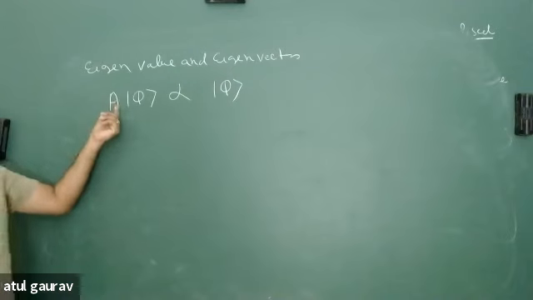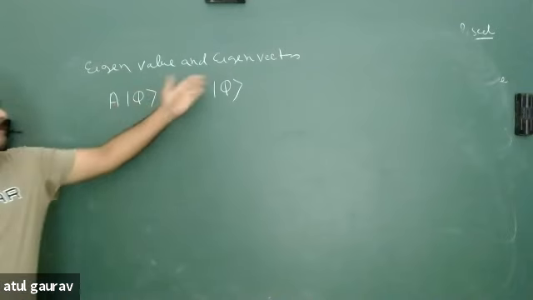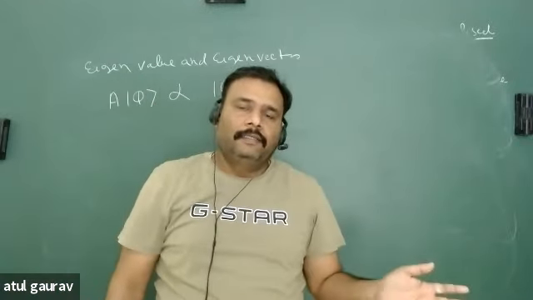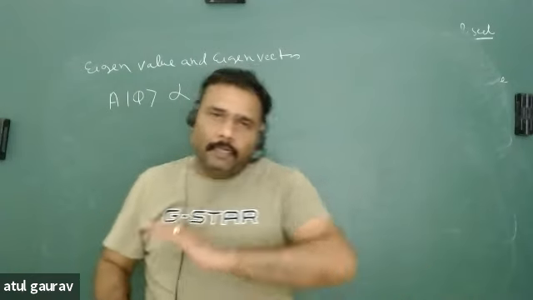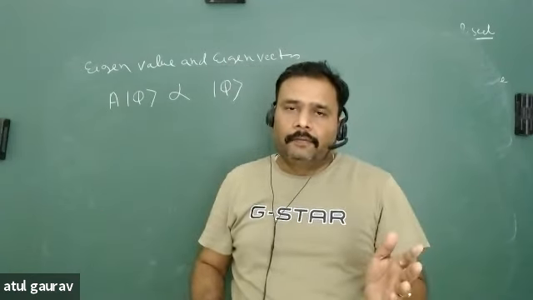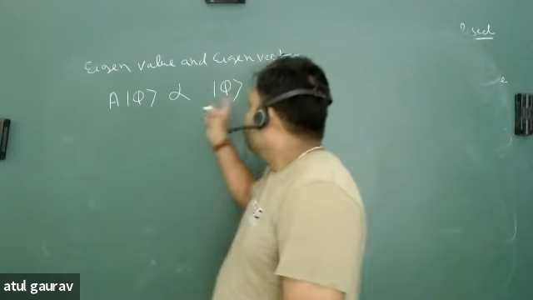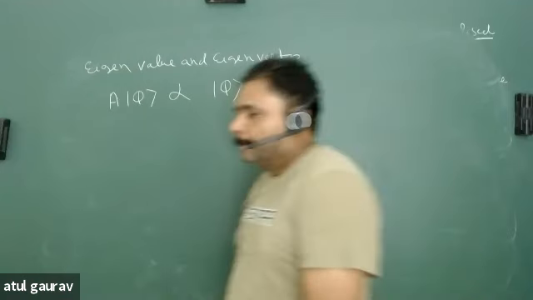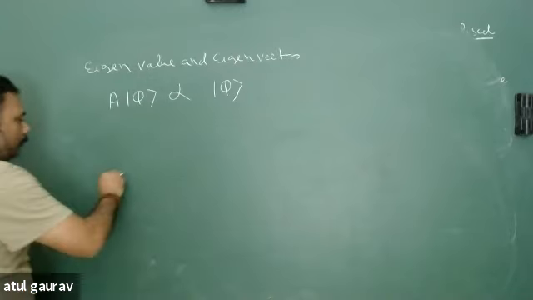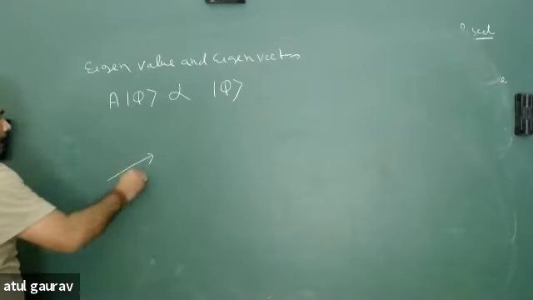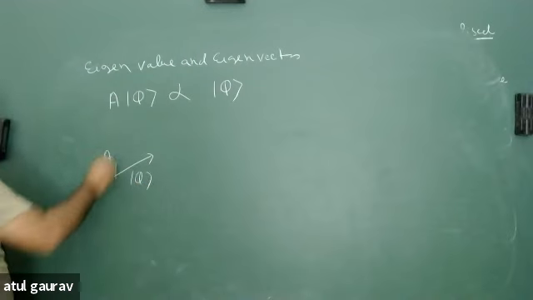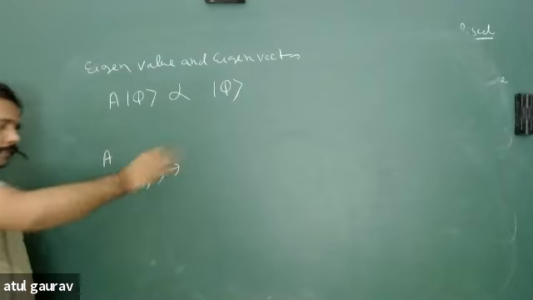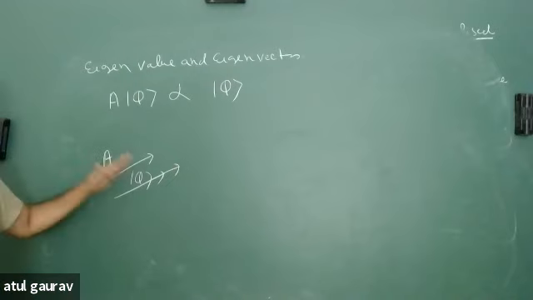If an operator operates on any ket, it is not necessary that it will give you the same ket. But if it does, then phi is identified as an eigenvector of operator A. It may be different dimension-wise, but it should be the same vector.